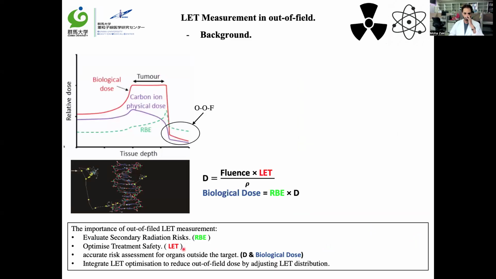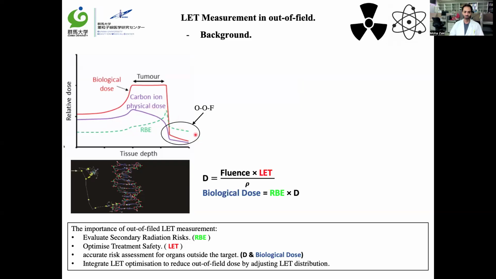So while the out-of-field dose produced in the fragmentation tail is typically low, less than 5% of the total dose, it contains high LET, particularly from neutrons and short-range fragments.